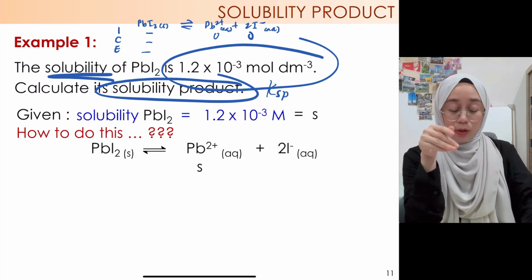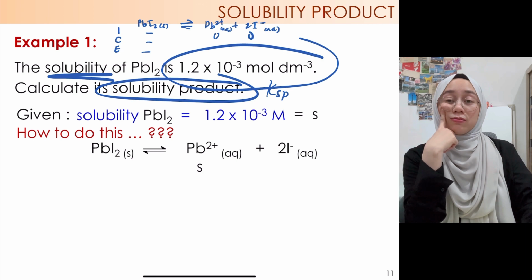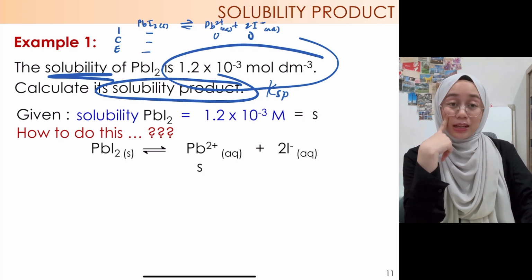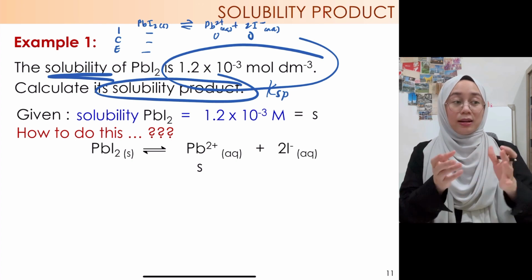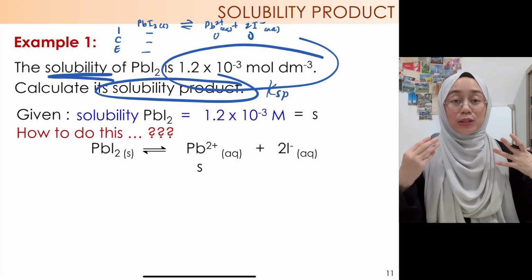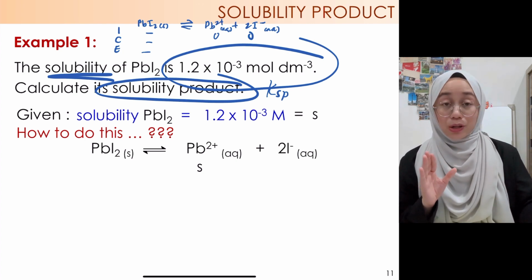Okay, and then kita punya change pula depends dengan kita punya coefficient. Okay, and then kat sini kita tak guna X lah, kita guna S. Sebab S tu adalah merujuk kepada berapa banyak kita punya solid tu tadi yang soluble dalam water tu sebenarnya. So itu yang merujuk kepada solubility value tu lah.